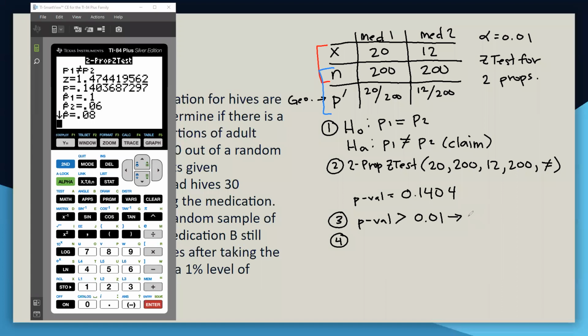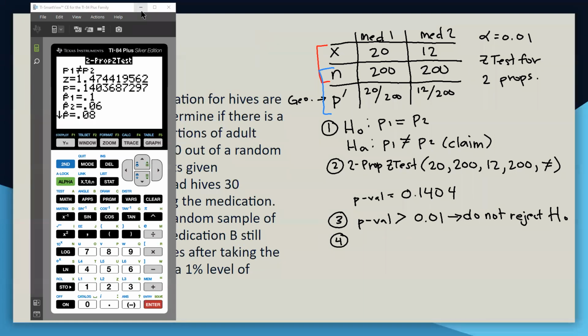That means we're not going to reject. Do not reject the null. So what we're saying is the two proportions for medication 1 and medication 2 are not different enough that I am comfortable rejecting that null statement that they are equal.